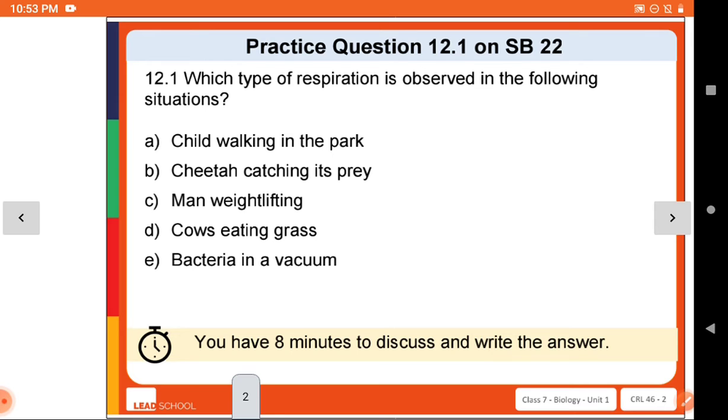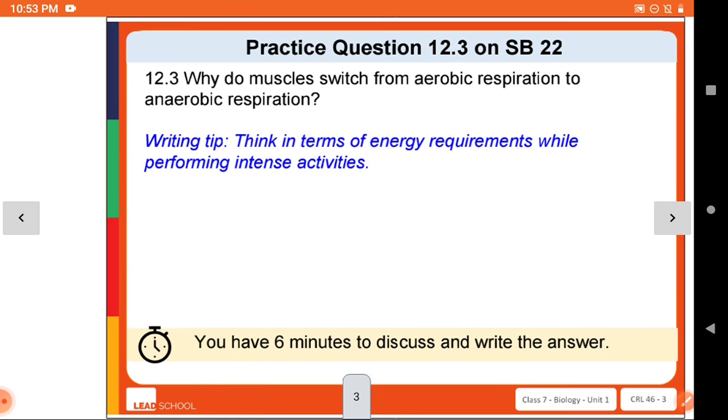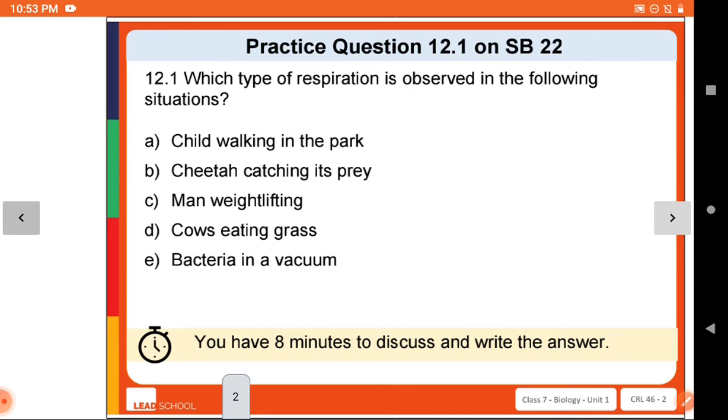First is a child walking in a park, second is a cheetah catching its prey, third is a man weightlifting, fourth is a cow eating grass, and the last one is bacteria in a vacuum.